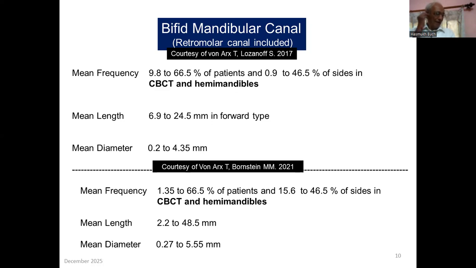So the higher prevalence is the same as the previous reference. Mean length, well, 2.2 to 48.5 millimeter. Oh, that 48.5 millimeter is double of what you find in the previous reference. And diameter 0.27 to 5.55 millimeter.